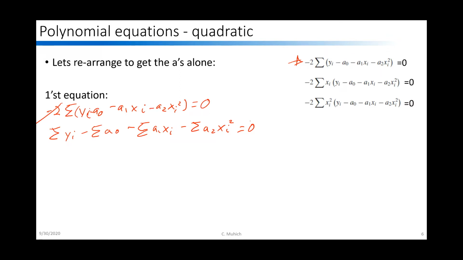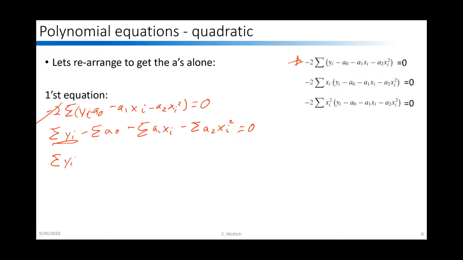Now we can look at each of these cases and try to pull any constants out. I can't pull any constants out of that yi, so I'm just going to leave that alone. So you have a sum of yi.